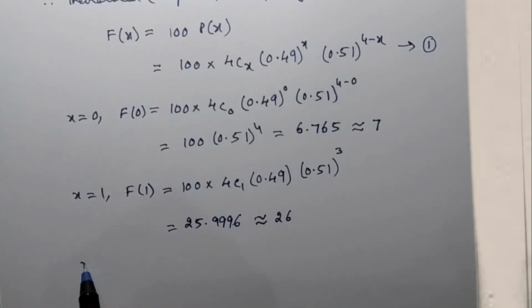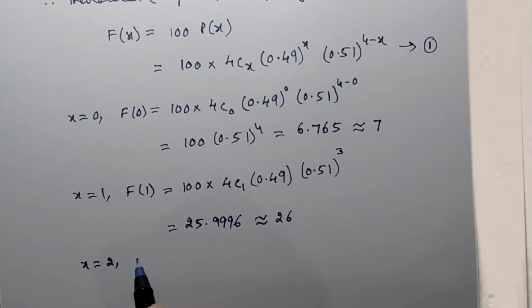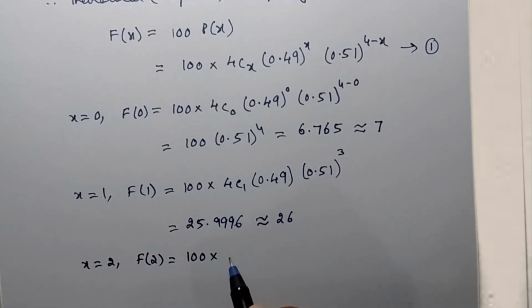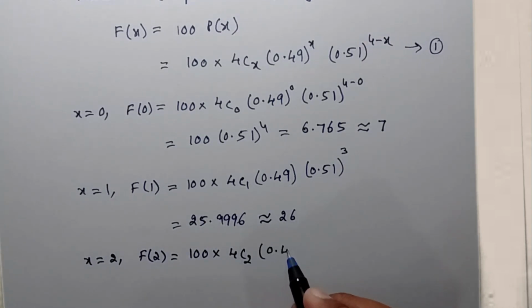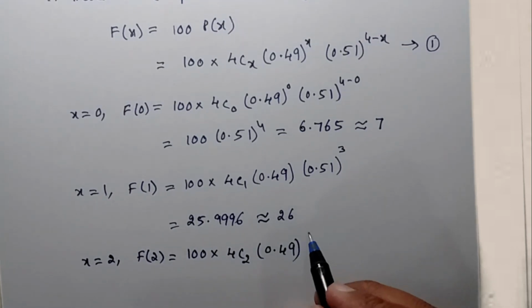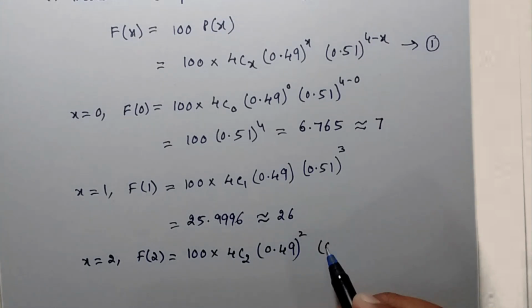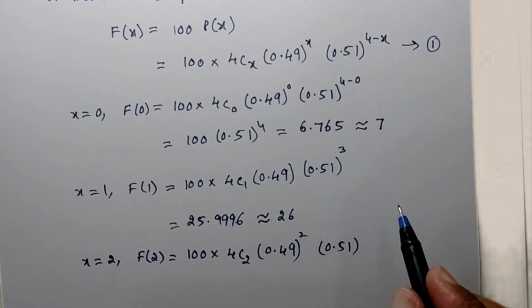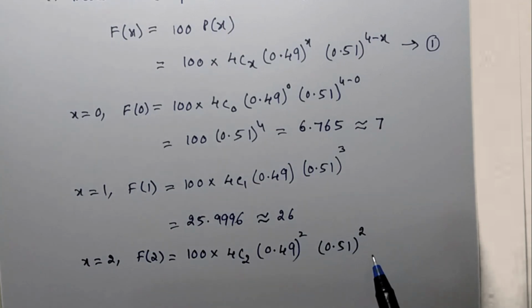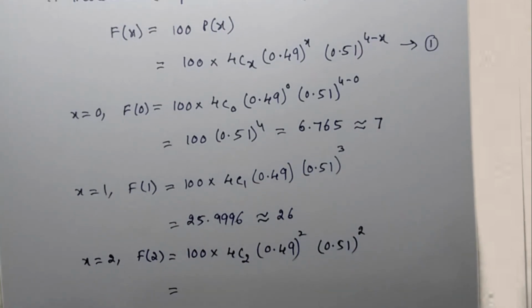Next, X equals 2. For X equals 2, you have F of 2 equal to 100 times 4C2 into 0.49 to the power of 2 into 0.51 to the power of 4 minus 2, which will become 2. So once again you can just use the calculator.